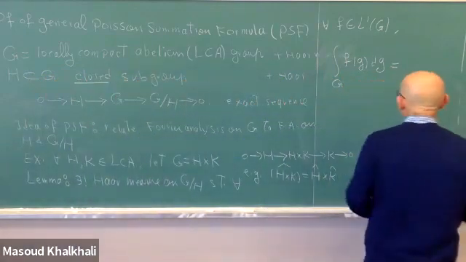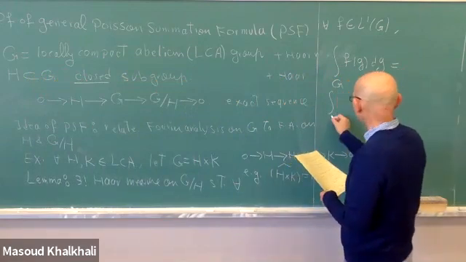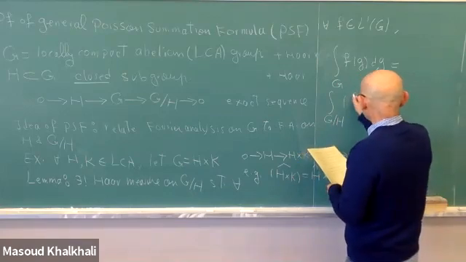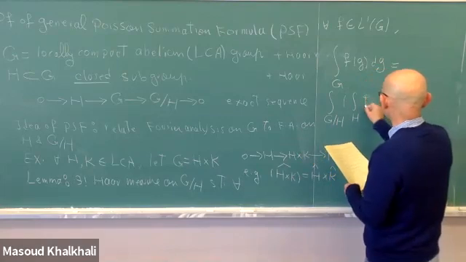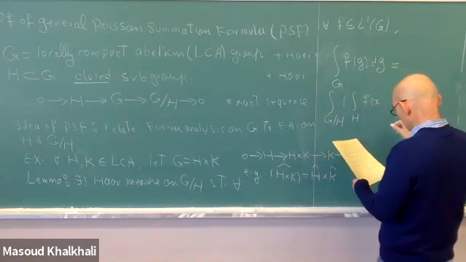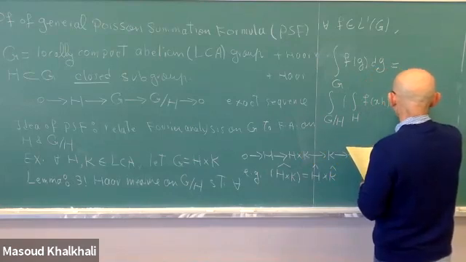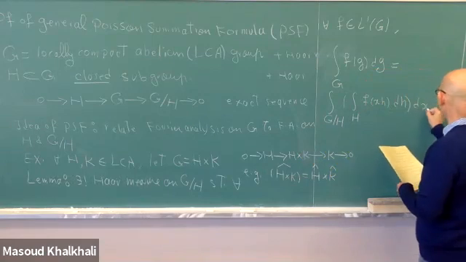So this is equal to the integral over G mod H, over the base, and then there is the integral over H of f of x h. Here is dh, and here is dx bar.